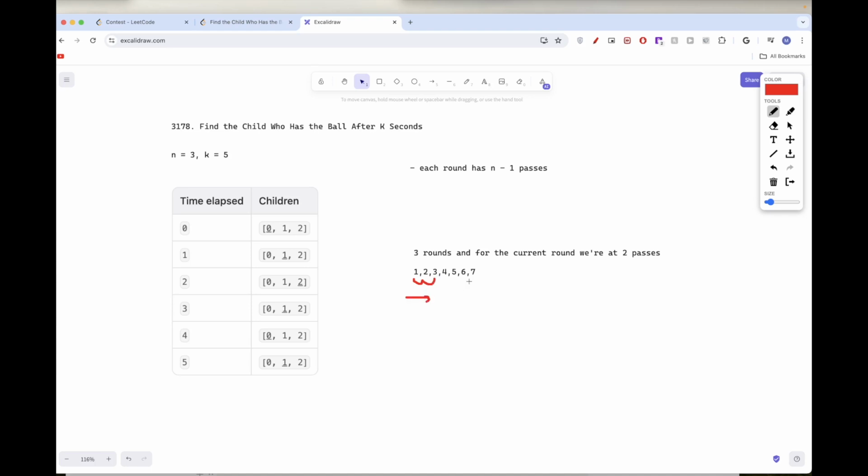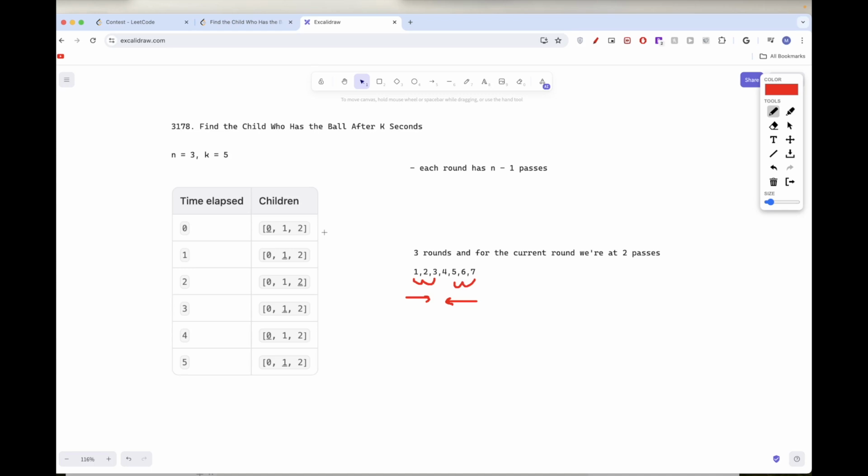If it's backward, then we are at 5. So depending on which direction we are at, the answer is different. So we need to know which direction we are at. Now we don't care about the complete rounds because those are already done. It's just that they will help us know which direction.